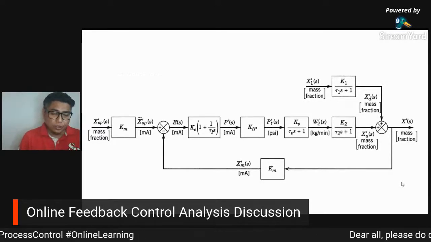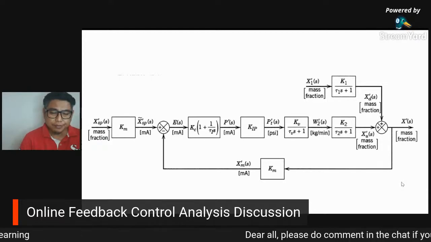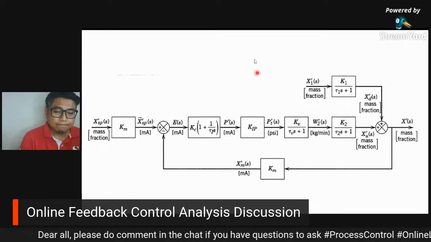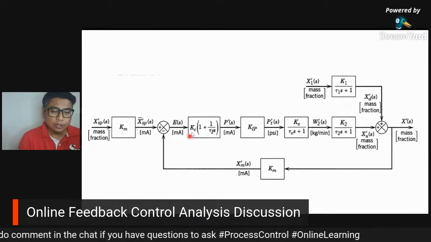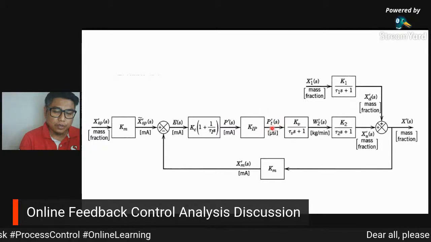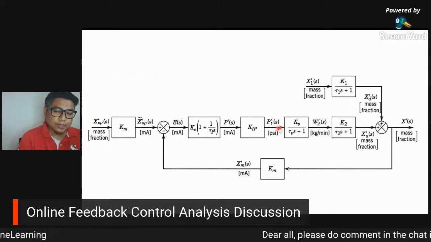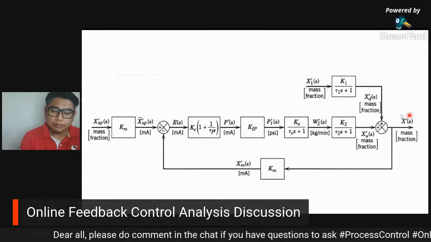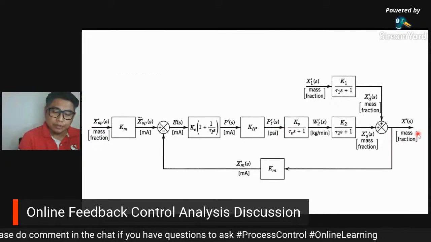Okay, you close or you turn off the controller over here. Okay, you disable this controller and you step change your valve or your input to the valve and monitor your control variables.